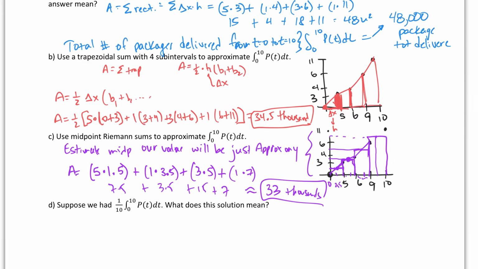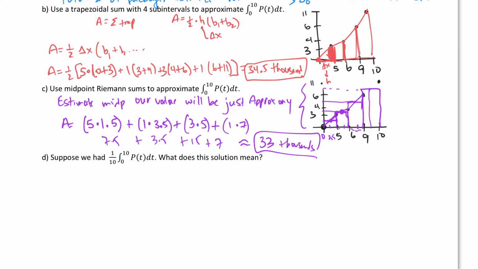All right, and the last question here. Suppose we had 1 over 10 times this integral. What does this solution mean? Well, let's take a look. If I have 1 over 10, I'm going from 0 to 10, but then I'm dividing it by 10. That means I'm taking an average value, right?